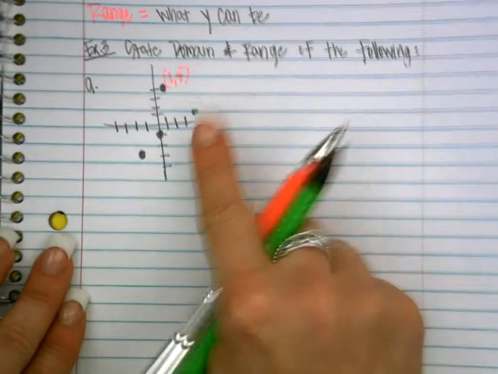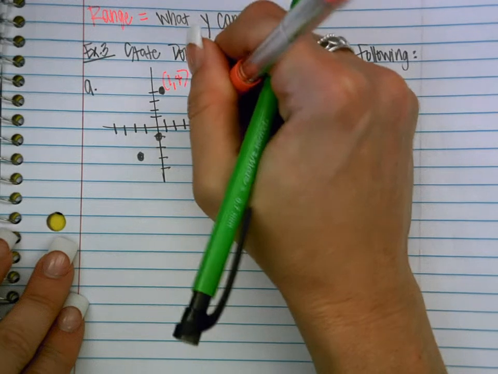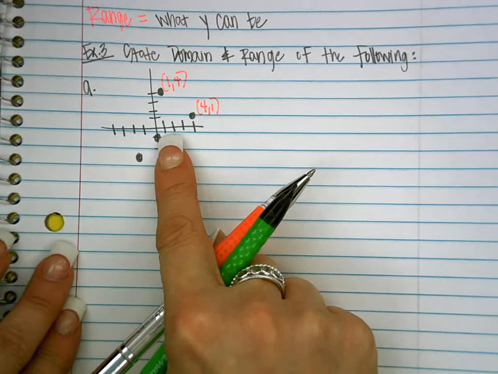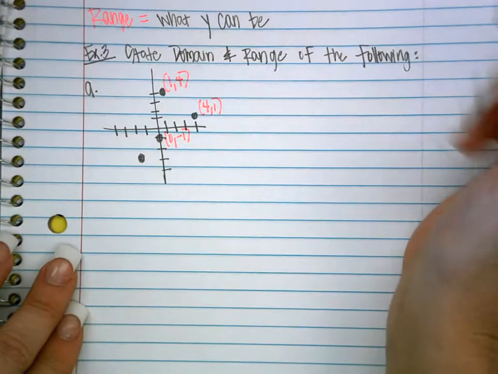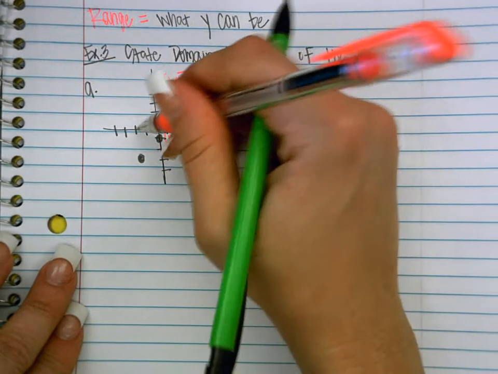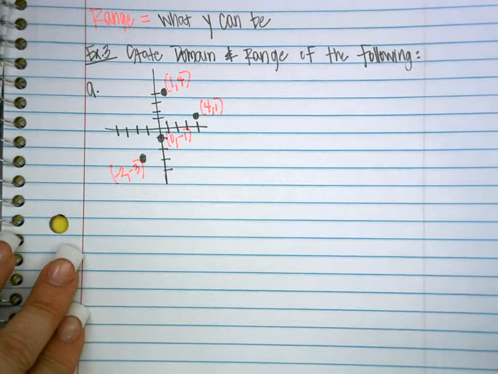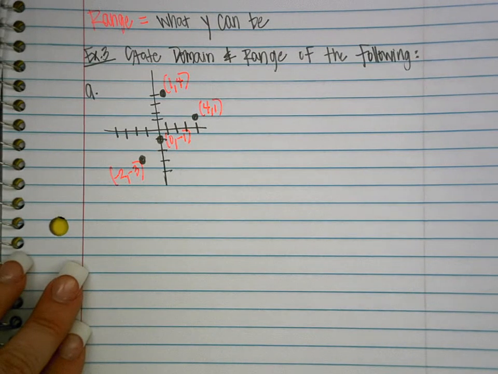What point is this right here? 4, 1. So over 4, up 1. What point is right here? 0, negative 1. So over 0, down 1. And finally, this point is supposed to be negative 2, negative 3. So if you just have a bunch of points drawn on there, the first thing you want to do is label them.